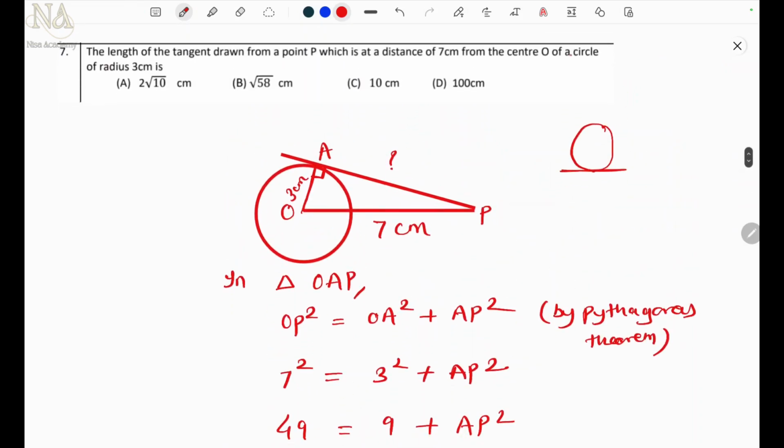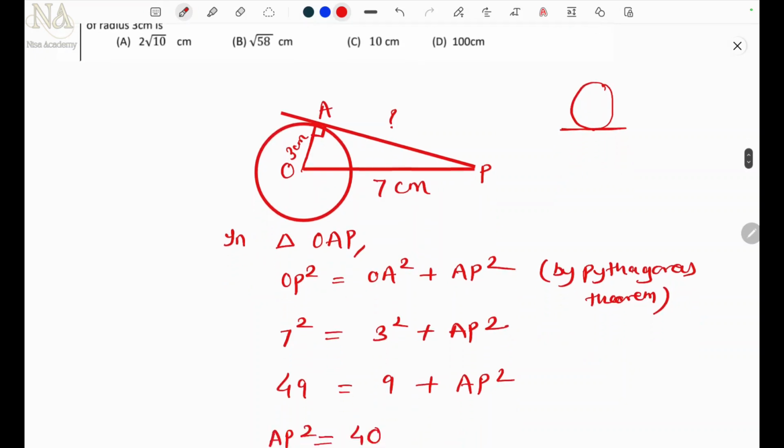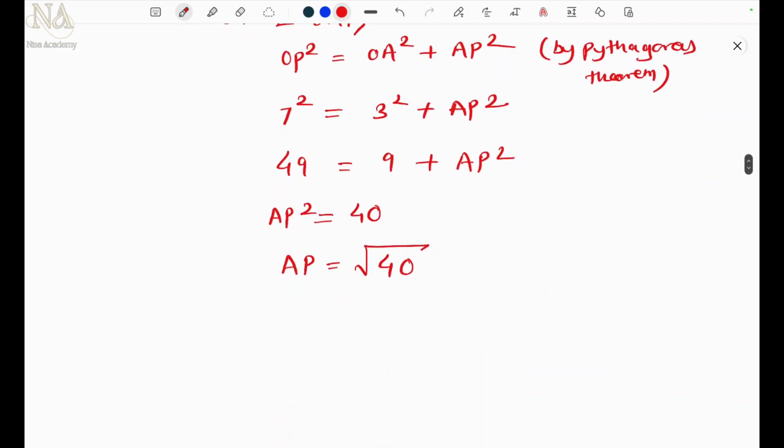Okay. If you check here, we don't have the option of root 40. Don't worry, we are supposed to solve this further. So root 40, can I write it as 10 into 4?